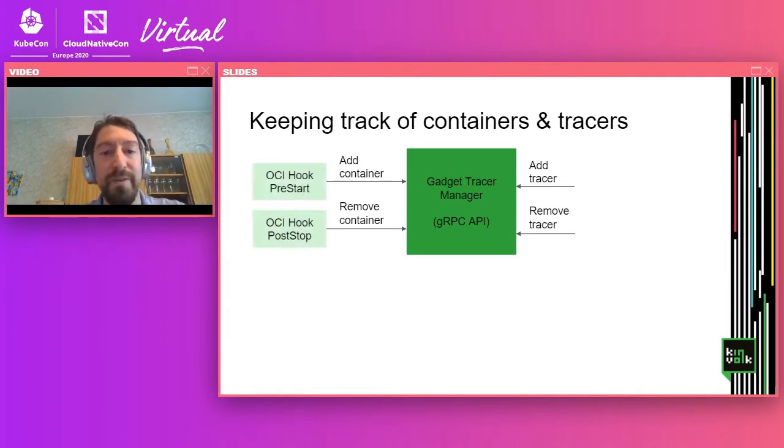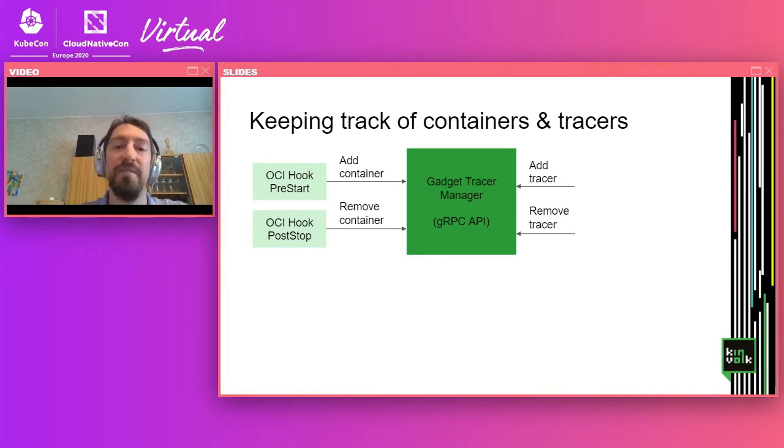The add container and remove container methods are called by the OCI hooks. So I will explain a bit what OCI hooks are. When you have a Kubernetes cluster, the pods are started by the kubelet through the container runtime. And the container runtime, in the end, for example, executes runc.